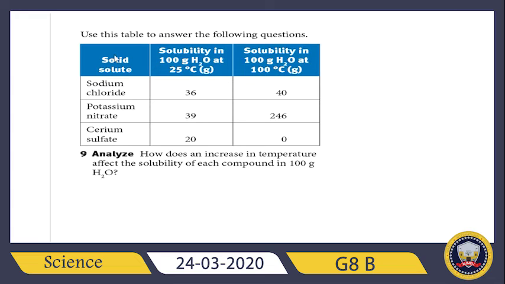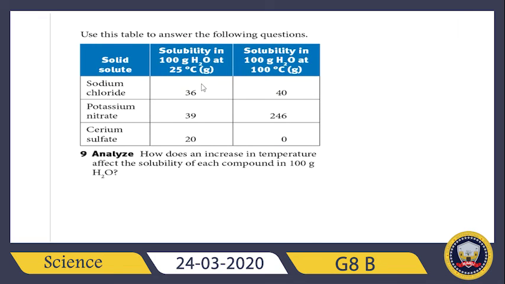As you can see in the table, we have three different types of solid: sodium chloride, potassium nitrate, and sodium sulfate. And here we have the solubility of each of these solids at different temperatures, at 25 Celsius and at 100 Celsius.